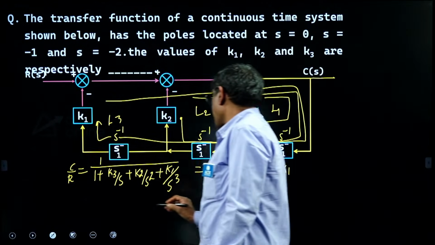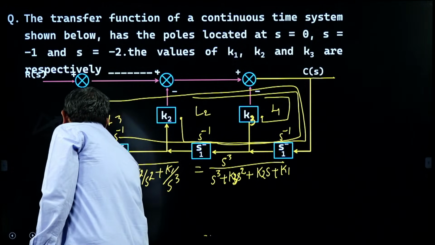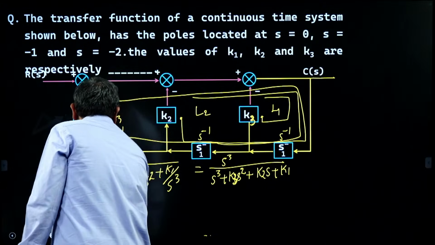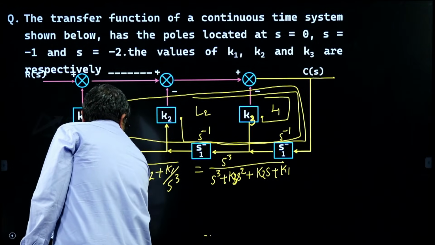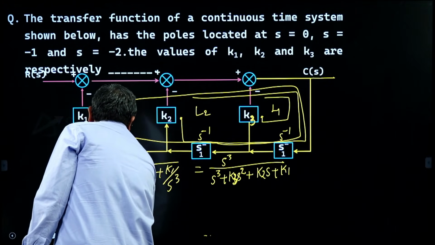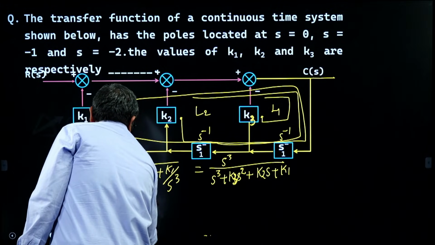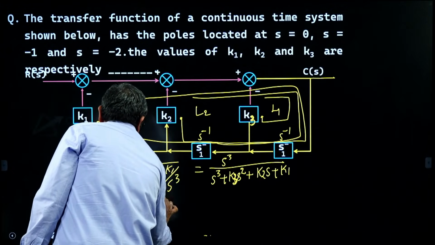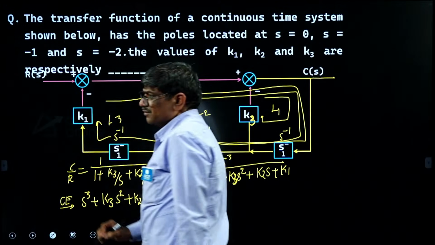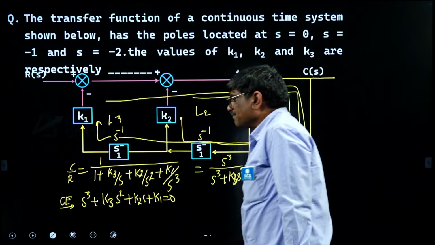So what is the characteristic equation you got? Characteristic equation is S cube plus K3 S square plus K2 S plus K1 equal to 0. For the given data, anybody answer?